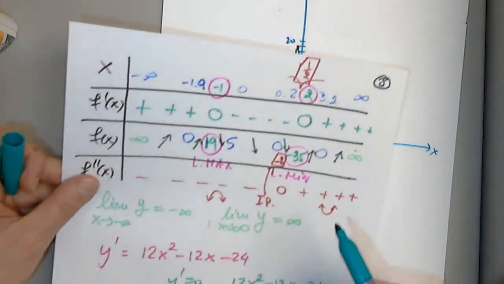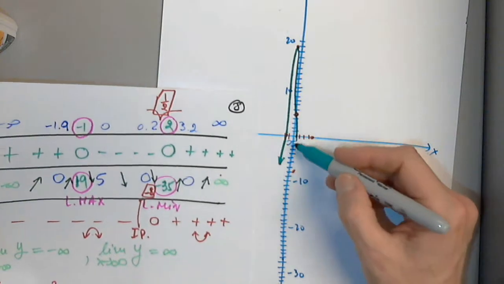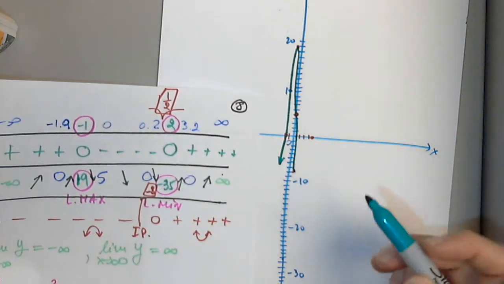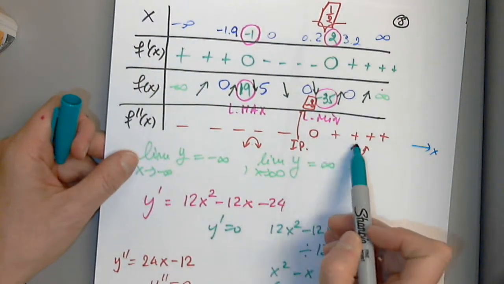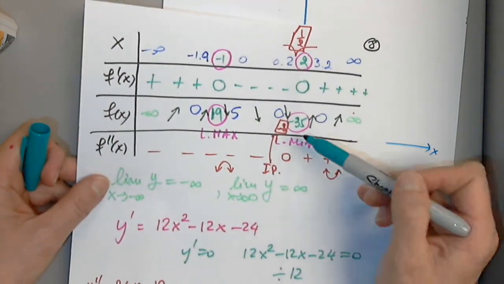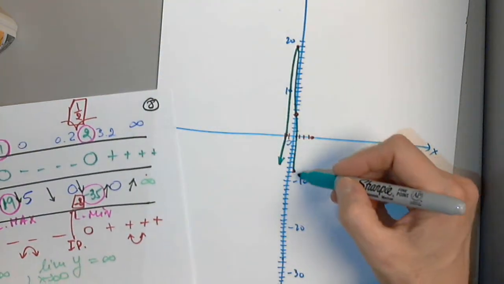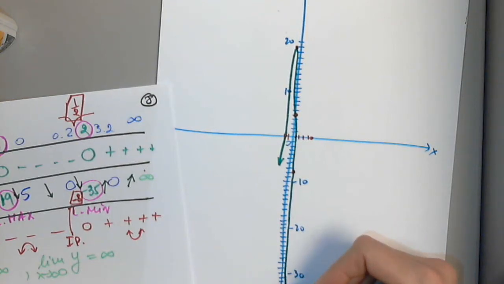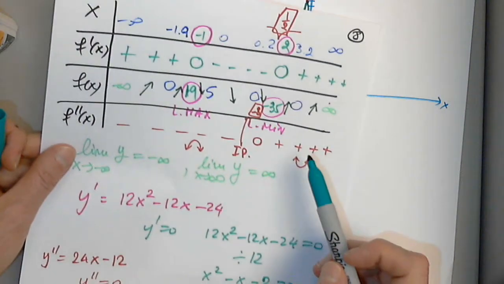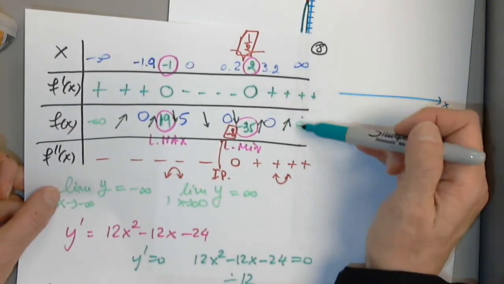Crossing here. Then it's continuing to the inflection point, which is 1/2, negative 8, where it no longer opens downward. It changes into opening upward, and it still continues to decrease to 2, negative 35. Continues to open upward, now forever increasing, crossing at 3.2 and going to infinity.